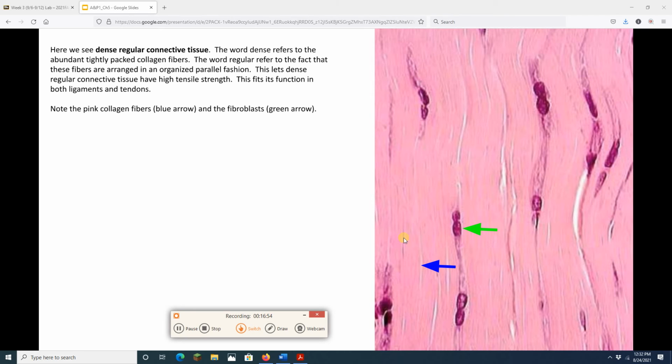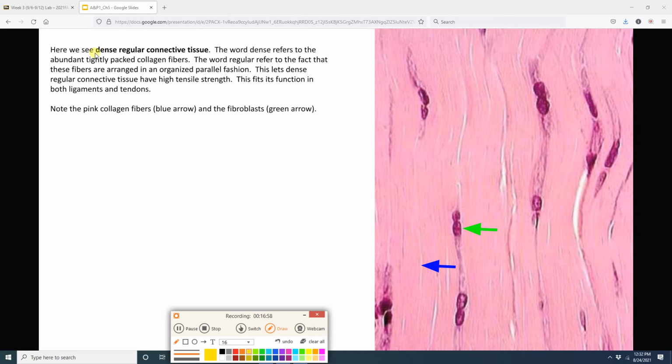In fact, the word dense in this tissue refers to the abundance of collagen. The word regular refers to the fact that the collagen is oriented all in the same direction. It's all going up and down here. This makes this tissue really strong, especially in this particular direction.